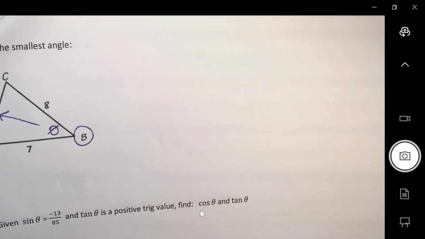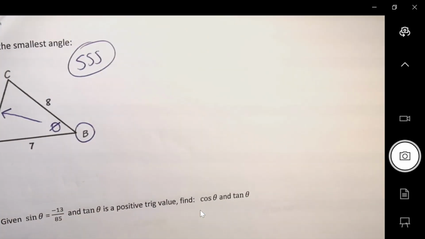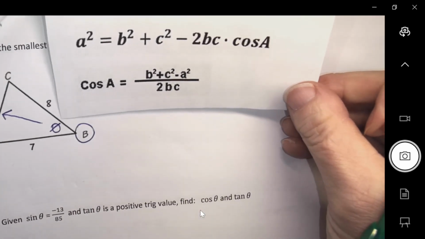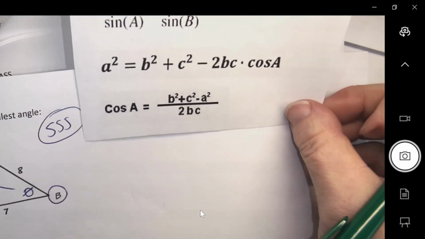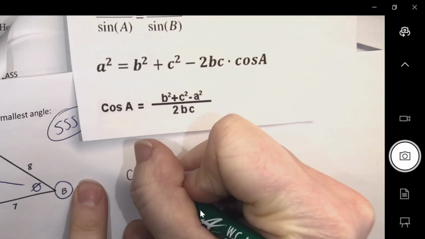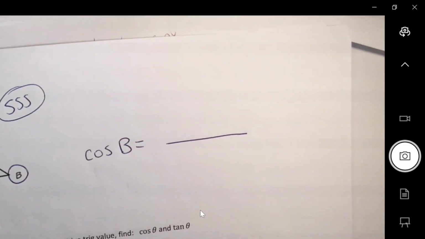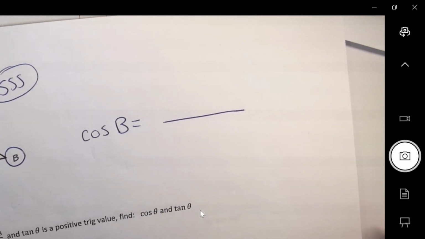Looking at it, do you know your strategy? Pair, SAS, triple S. Triple S. So triple S is the bottom because we're trying to find an angle. We're going to use cosine law. So I'm going to go cos of angle B equals, and I'm going to put a fraction line. Now, you know what I do?